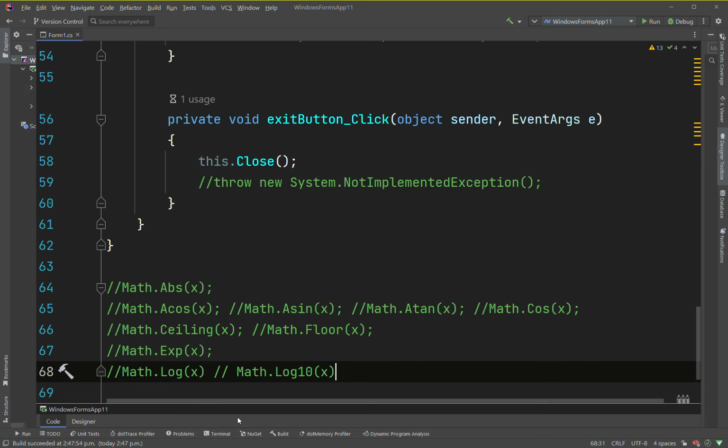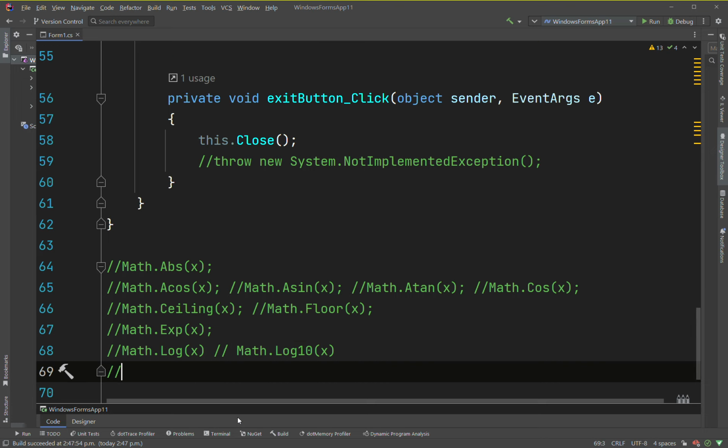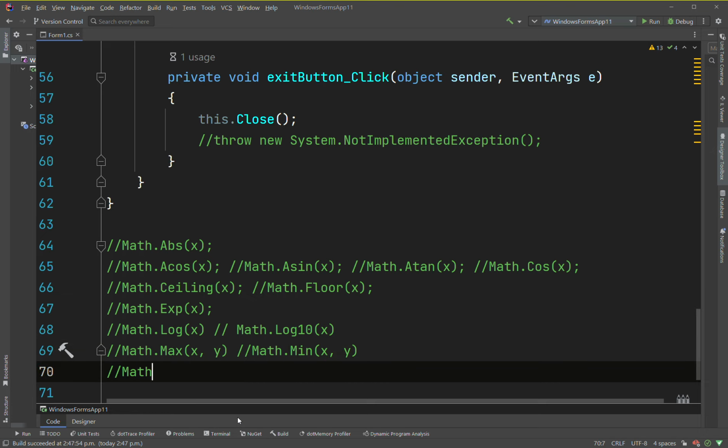So I believe the next ones you'll probably use are Math.Max of x comma y. This returns the greater of the two values x and y. On the flip side of that, we have Math.Min, which also takes parameters x comma y. Then we have Math.Pow.